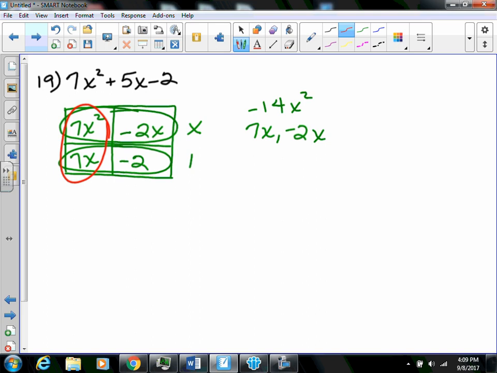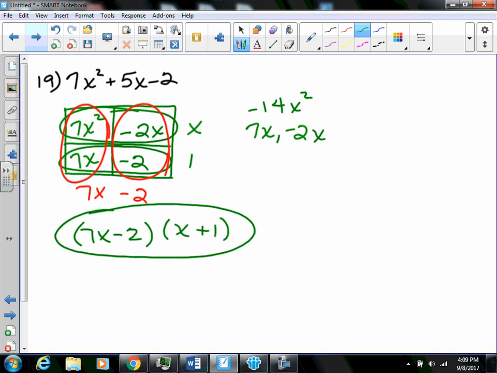The greatest common factor for this column is 7x. And on the second column, the greatest common factor is a negative 2. So we're almost done. Your factors are going to be 7x minus 2 times x plus 1. And that's your answer.